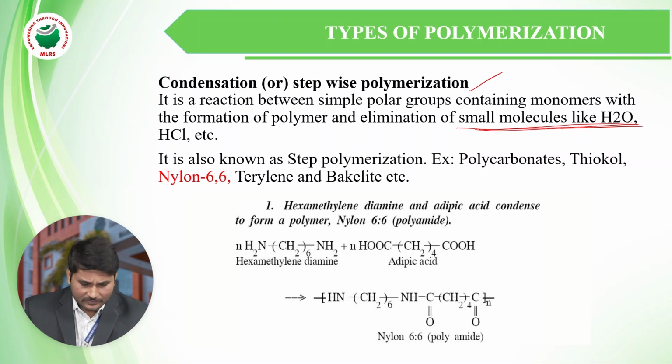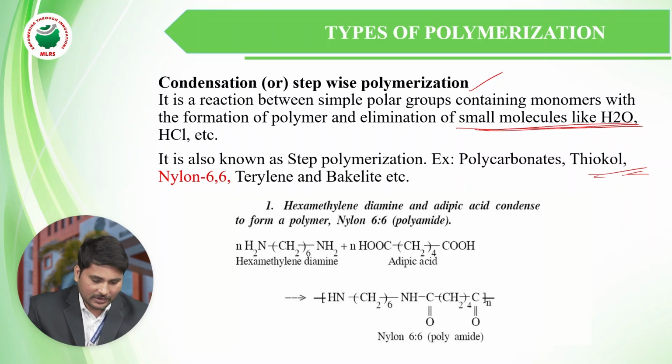Thiokol, nylon 6,6, bakelite and terylene are some of the best examples of condensation polymerization.